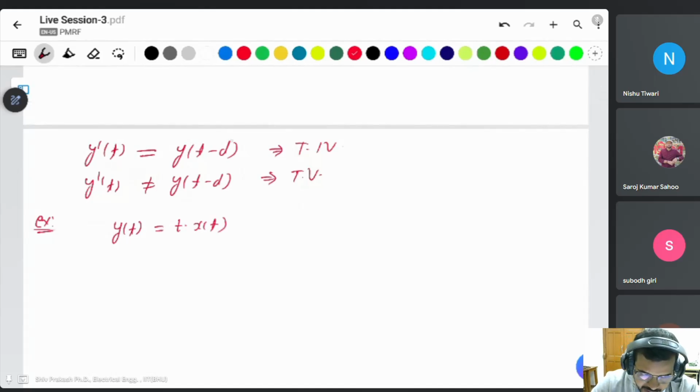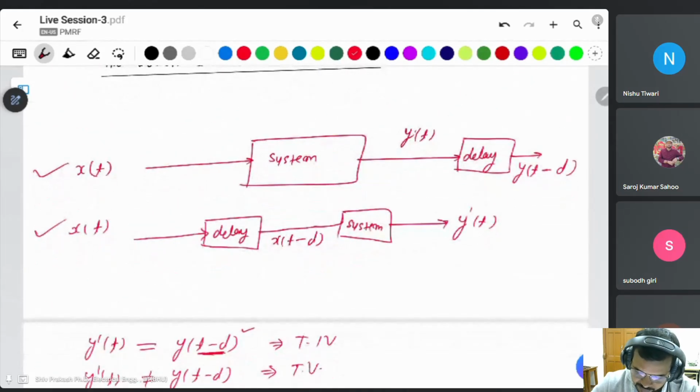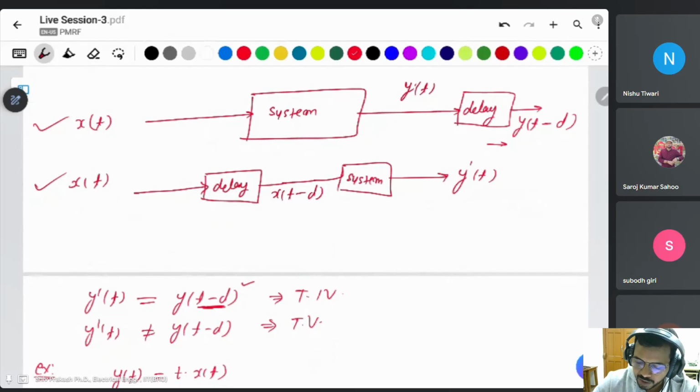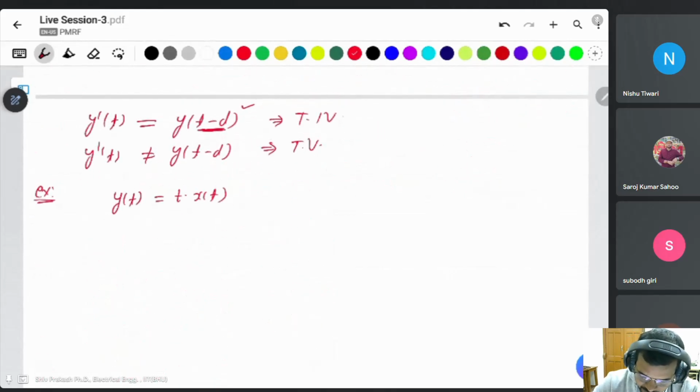First of all, provide some delay in the output signal. The system just provides a delay for all time, so simply replace t with t minus d.